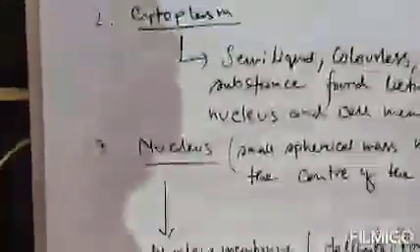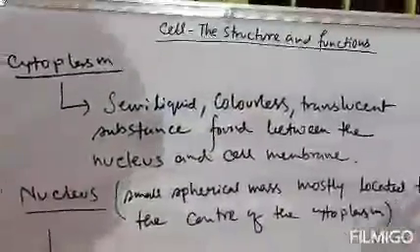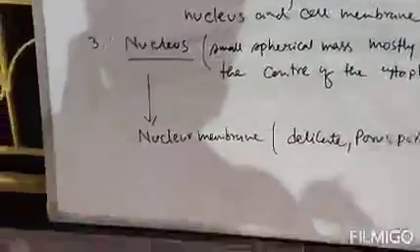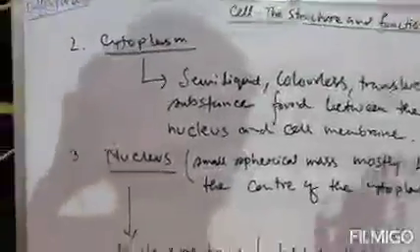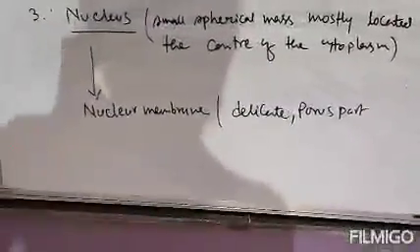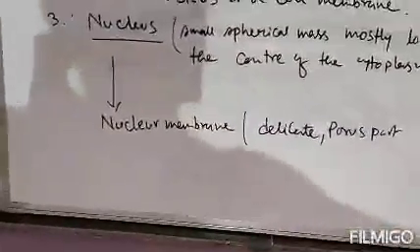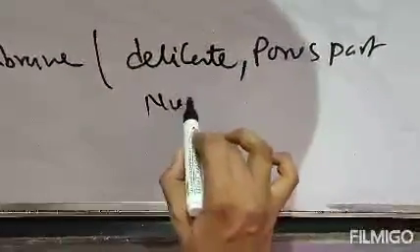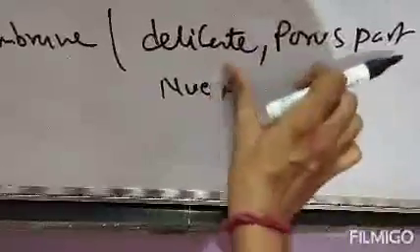Like a cell consists of cytoplasm, your semi-liquid, colorless, translucent substance, likewise the nucleus also has nucleoplasm, which is the same as the cytoplasm. The nuclear membrane encloses a dense liquid, which is known as nucleoplasm.